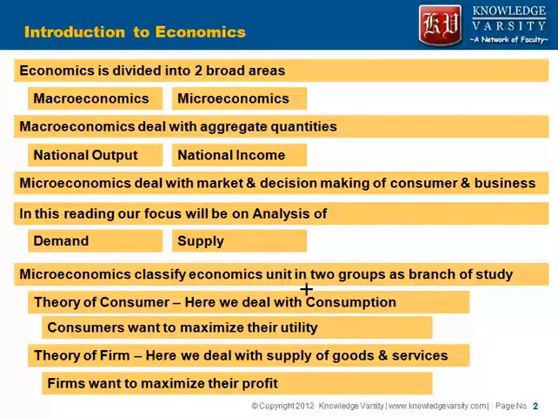So how consumption happens. Let's say you are trying to consume Coca-Cola, what are the determinants of that? Please note that consumers are always looking to maximize their utility. People buy, let's say, an iPhone. iPhones are more expensive as compared to your Android phones. But why do people pay more money to buy an iPhone?